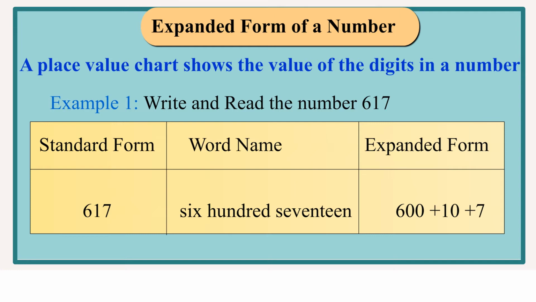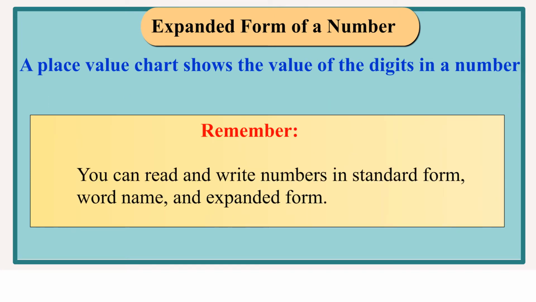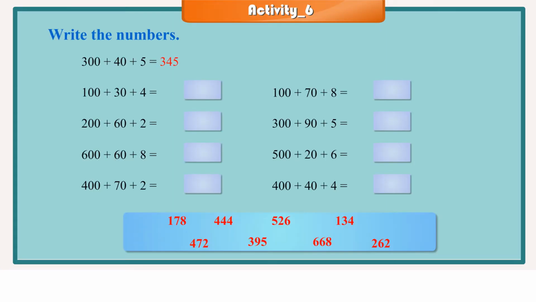Word name: six hundred seventeen. Expanded form: 600 plus 10 plus 7. Remember, you can read and write numbers in standard form, word name and expanded form. Activity 6. Write the numbers.